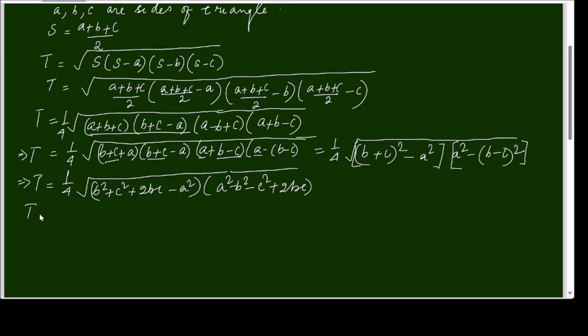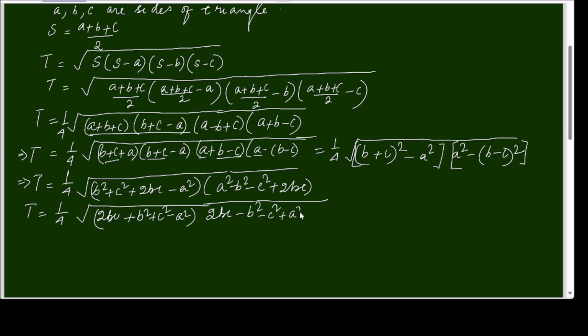So this will be the same as 1 by 4 of (2BC plus B square plus C square minus A square), and the second one will be (2BC minus B square minus C square plus A square). So this equals (2BC) whole square minus (B square plus C square minus A square) whole square.